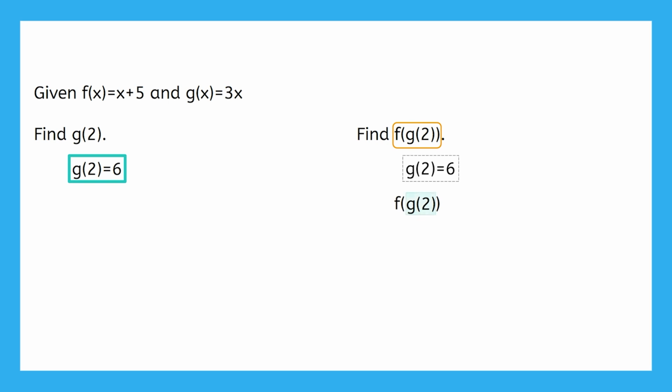And since g of 2 is equal to 6, I can replace or substitute 6 for g of 2, just like how we substitute values for variables, leaving us with f of 6, which, when evaluated using the function f, leaves us with what? 11. Because when 6 is inputted into function f, we have 6 plus 5, which gives us 11. Therefore, f of g of 2 is equal to 11.